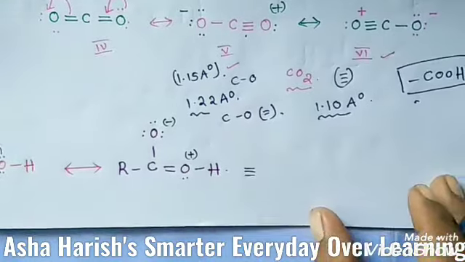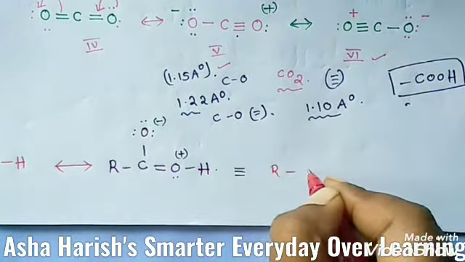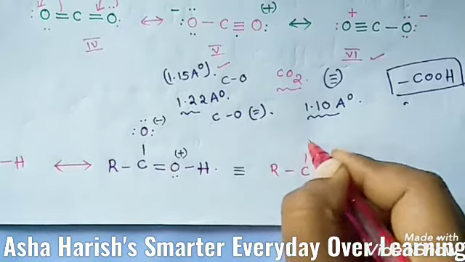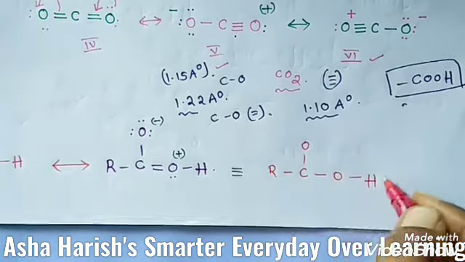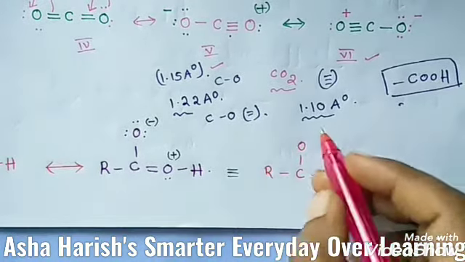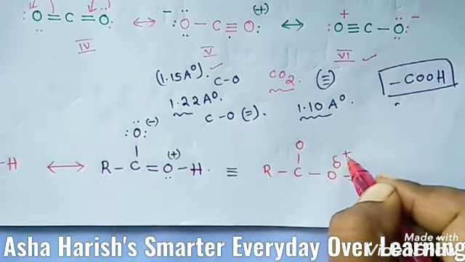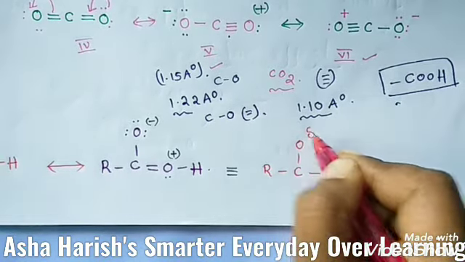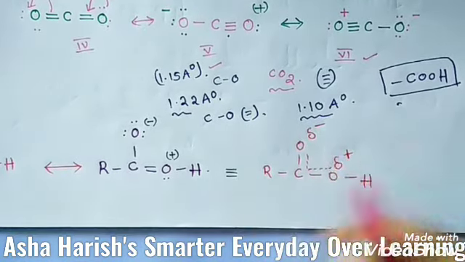This should be represented like this: R single bond C, single bond O, single bond O, H, and the positive character can be represented with the delta plus symbol, and here also delta minus. Okay, and this is known as the resonance hybrid.